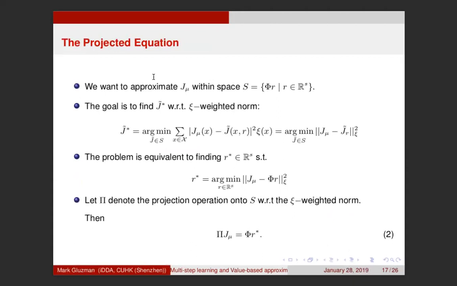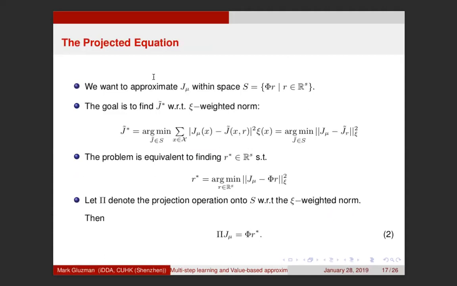So basically, as we wrote our estimation, we want to approximate our value function within the space S that is equal to phi r, where r has dimensionality S.